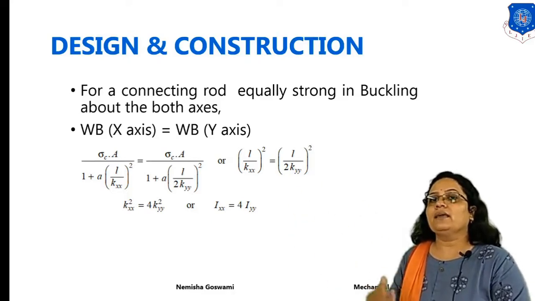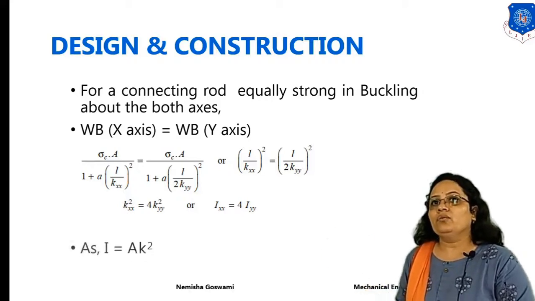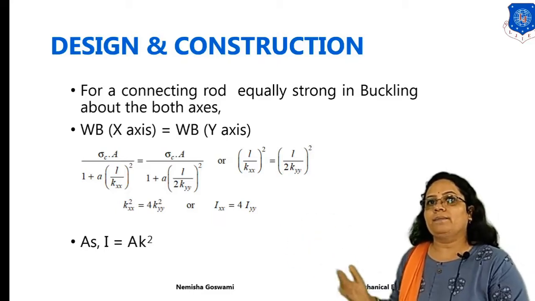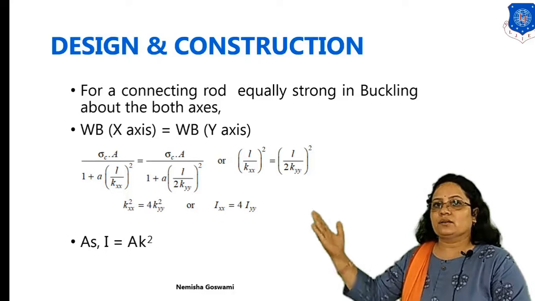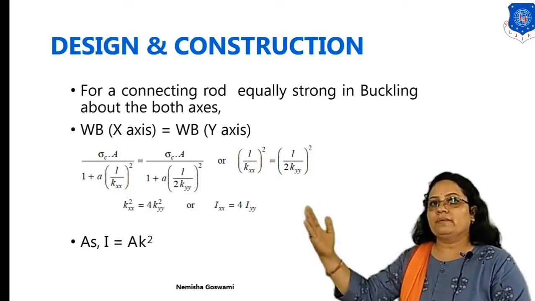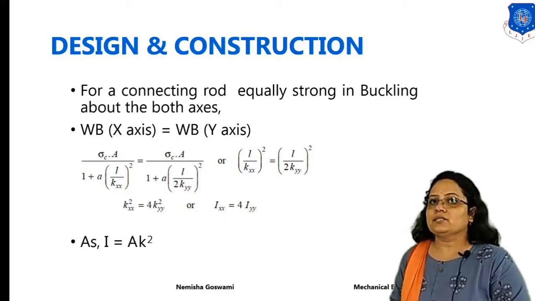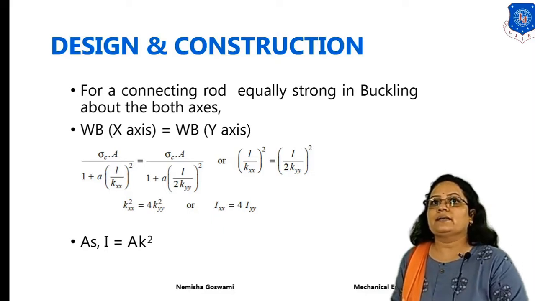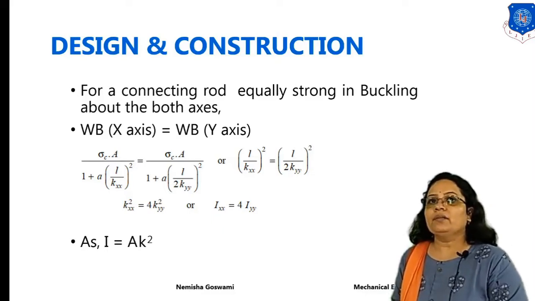So we get Kxx squared equal to 4 Kyy squared, and we know the moment of inertia is equal to area multiplied by the radius of gyration, K, whole squared. We put this value in the equation, so we get Ixx equal to 4 times Iyy, meaning the moment of inertia about xx is equal to 4 times the moment of inertia about the y-axis.